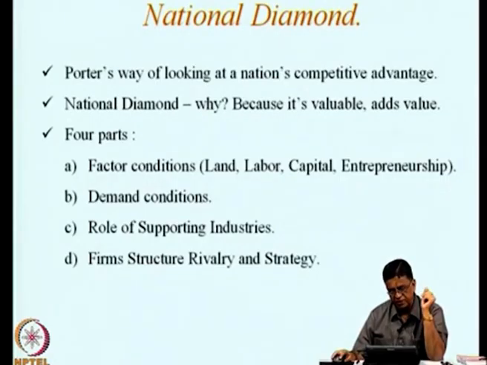We said this national diamond is looked at in 4 parts, that is the factor conditions, demand conditions, role of supporting industries, then the firm structure, rivalry and strategy. In the factor conditions, land, labor, capital, entrepreneurship are taken into account.